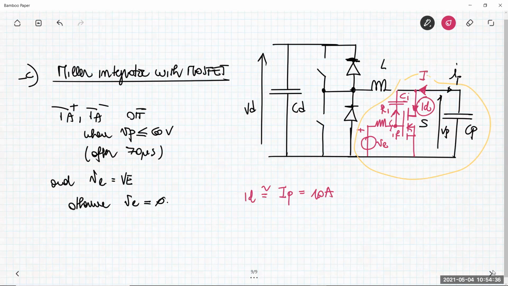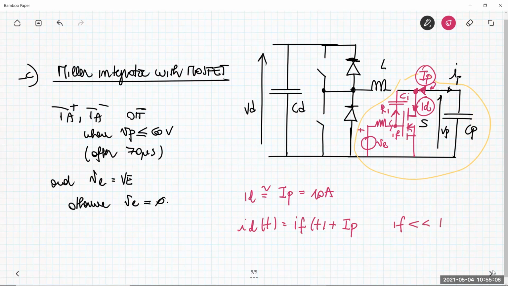Okay, this is IP. IP is the current flowing to the piezo injector and is similar to ID. Since ID at this node is IF plus IP, basically this means that the current IF is well less than IP.